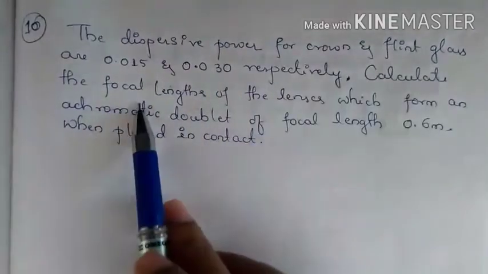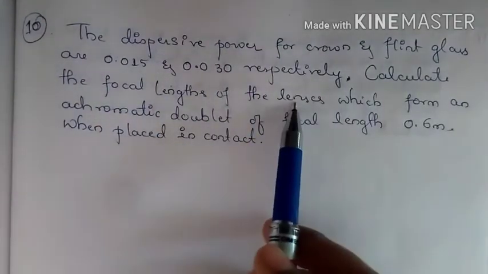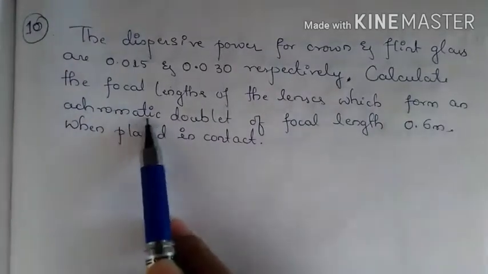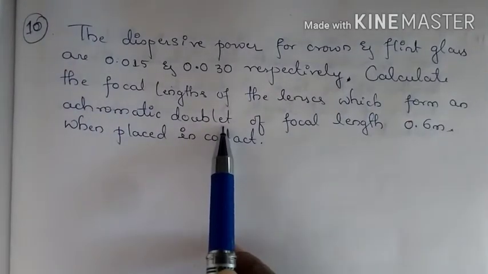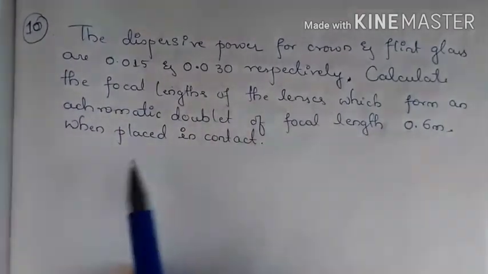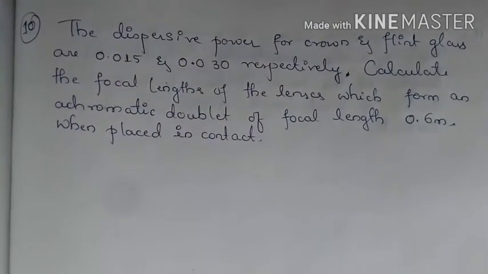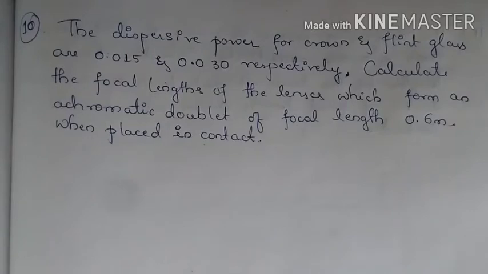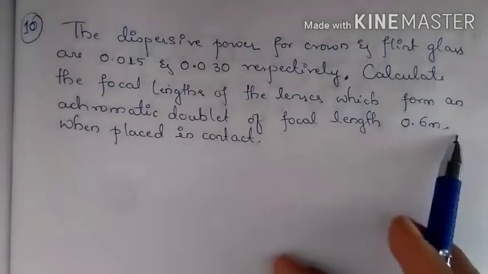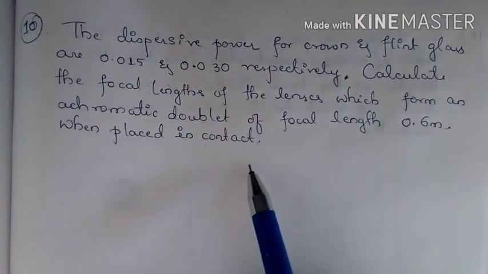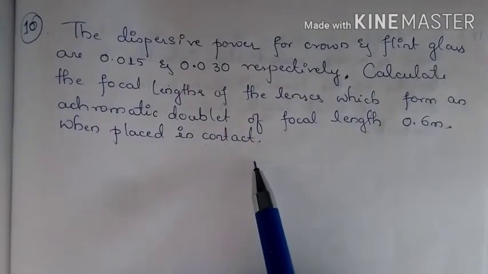Now calculate the focal lengths of the lenses which form an achromatic doublet of focal length 0.6 when placed in contact. So he is asking the focal lengths of the lenses. The focal length is 0.6 when it is in contact.